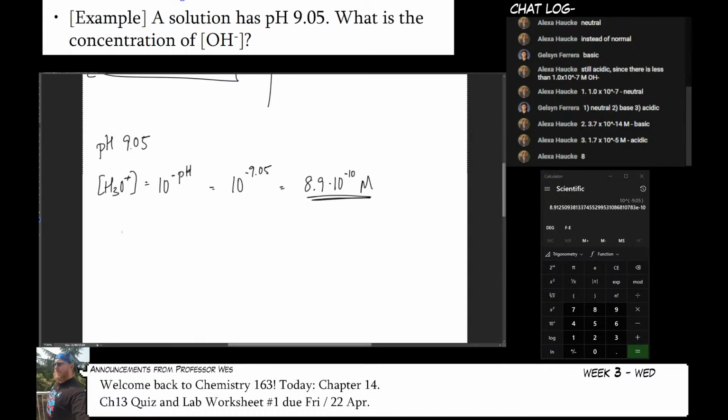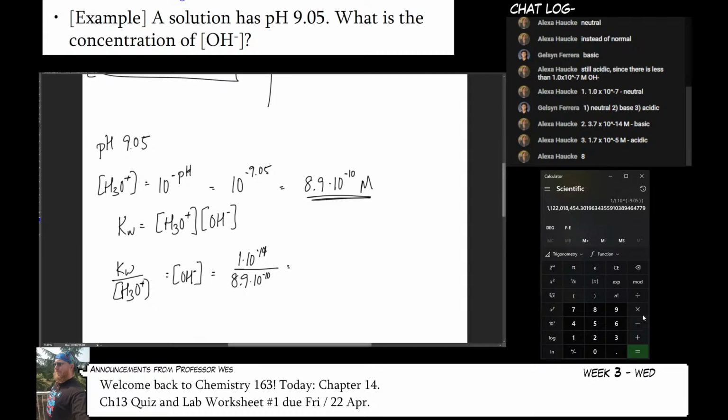And then we could say, okay, well then Kw equals H3O plus times OH minus. So we'll do Kw over H3O plus equals OH minus. And that would be 1 times 10 to the minus 14 divided by this number that I just calculated. So I'm just gonna do this times 1 times 10 to the minus 14, just to get the answer out there real quick.